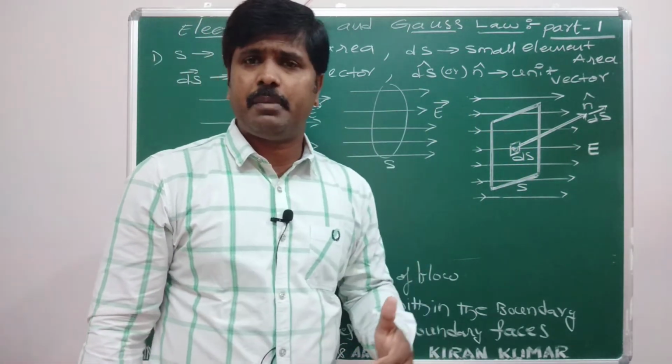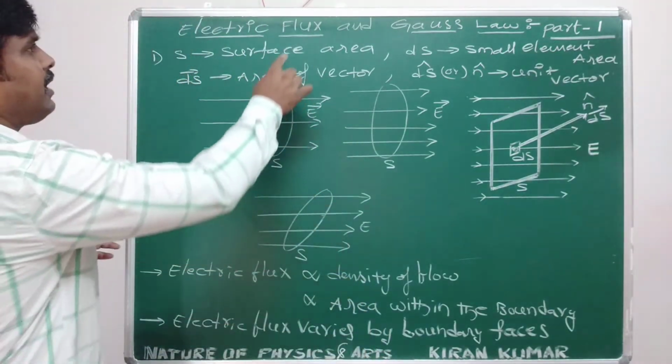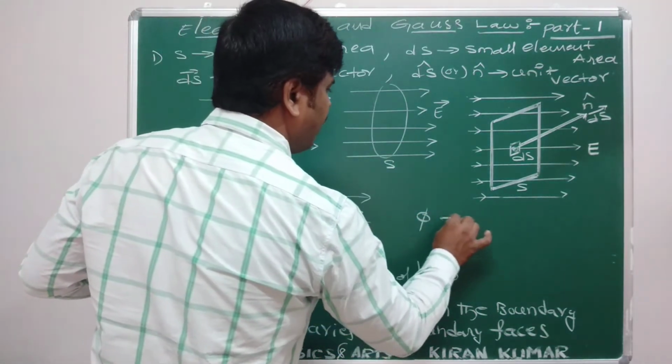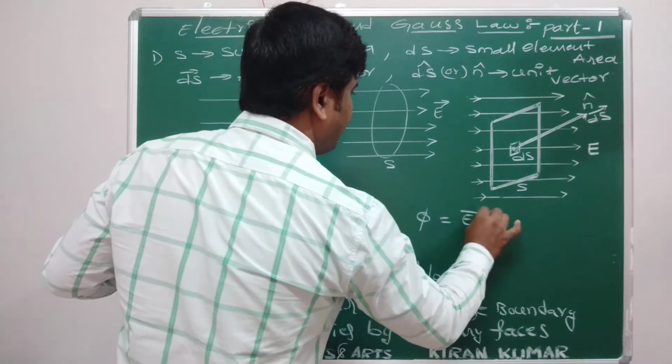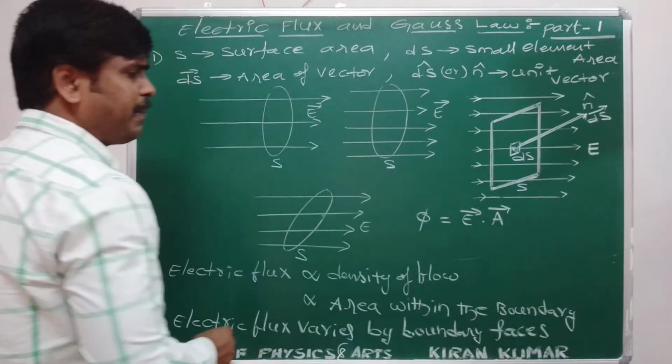Try to understand step by step. Here the electric flux indicator letter is phi. Electric flux is equal to E bar dot A bar for uniform electric field.